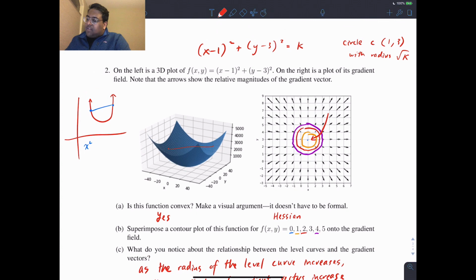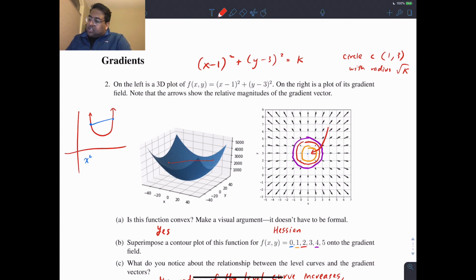Another way to arrive at that is to look at our expression: (x - 1)^2 + (y - 3)^2. This really looks like box squared plus triangle squared. We know box squared is greater than or equal to 0, and triangle squared is greater than or equal to 0. This means that the minimum value we can have is 0 itself, which we get when both box and triangle are equal to 0.